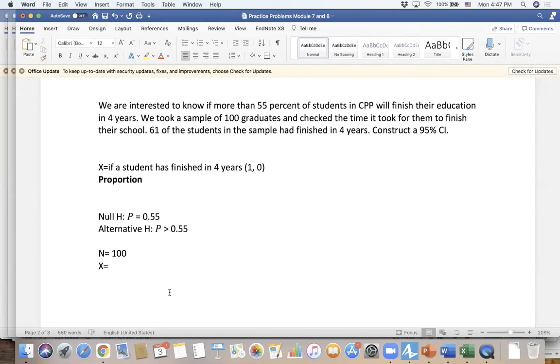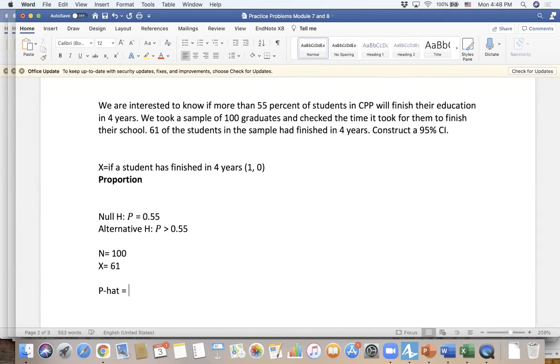Exactly. So X here is the number of successes, the number of students in the sample that have finished in 4 years, and that is 61. 61 of the students in that sample of 100 students have finished in 4 years. And these two numbers are going to help me to calculate what? P hat. Exactly.